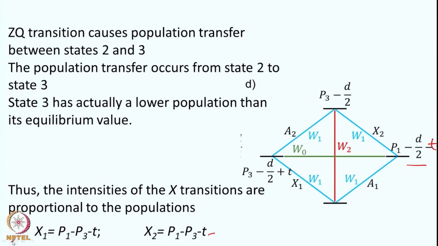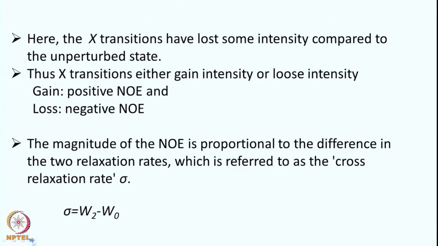Not because of the single quantum transition, but because another phenomenon is active at that time, because of the relaxation property: double quantum and 0 quantum. The double quantum enhances the intensity of the states and the 0 quantum decreases it. Now, the X transition has lost some intensity compared to the unperturbed states in the previous case. So the X transition either gains intensity or loses intensity. The gain in intensity is called positive NOE and the loss in intensity is called negative NOE.